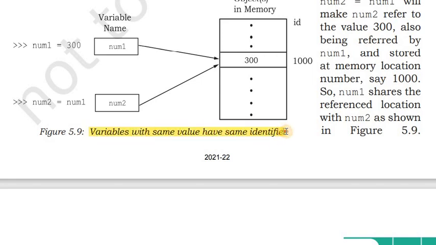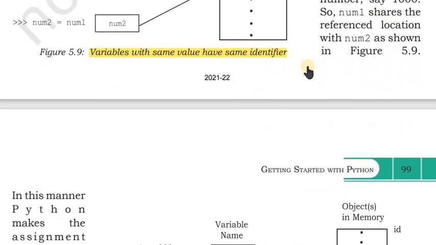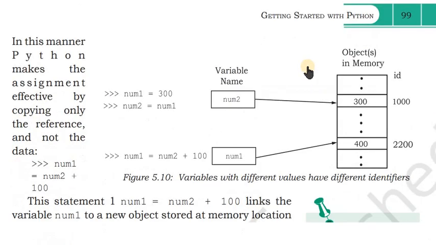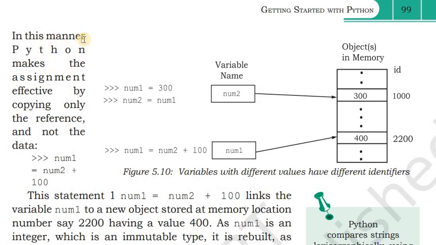This line is very important. These are two variables, they have the same value. This is the reason they have the same identifier, and the identifier is 1000. In this manner, Python makes the assignment effective by copying only the reference and not the data.